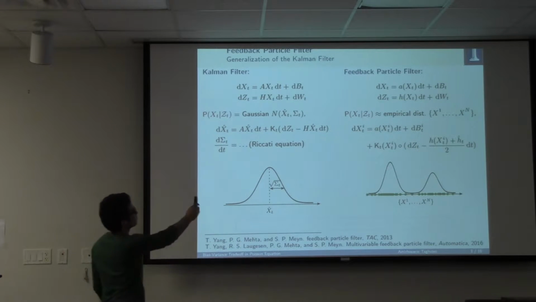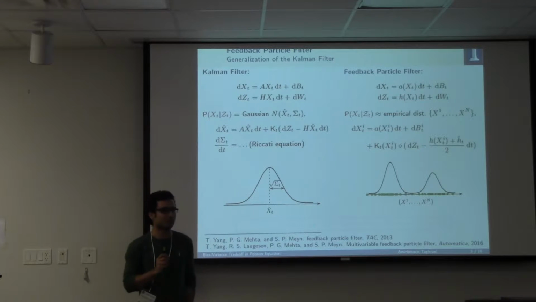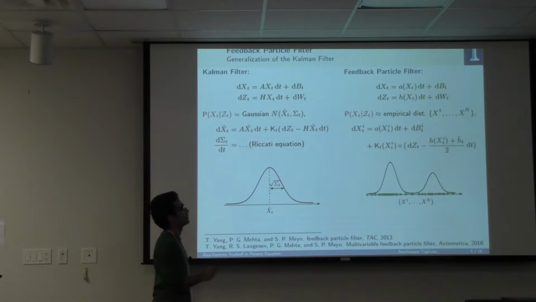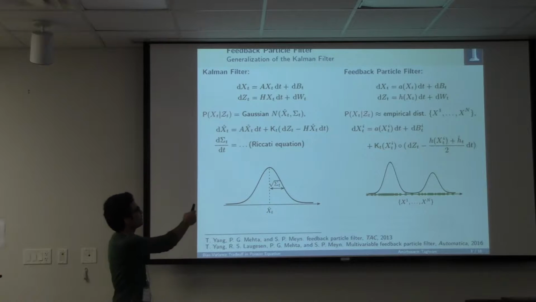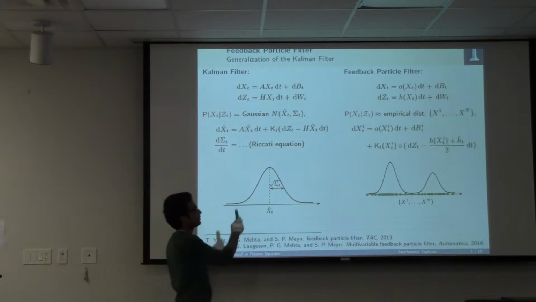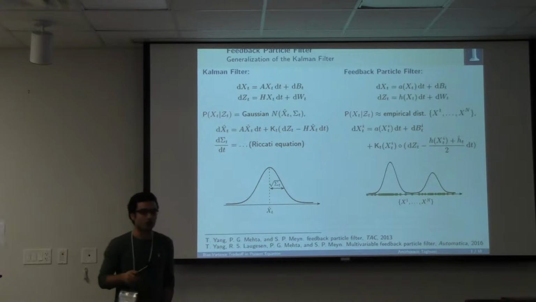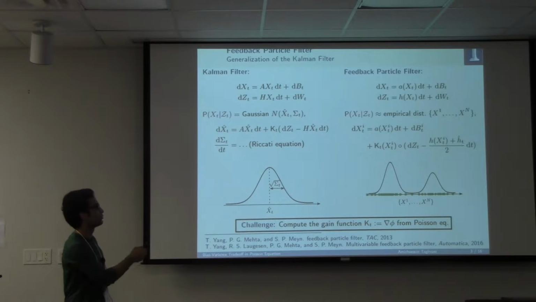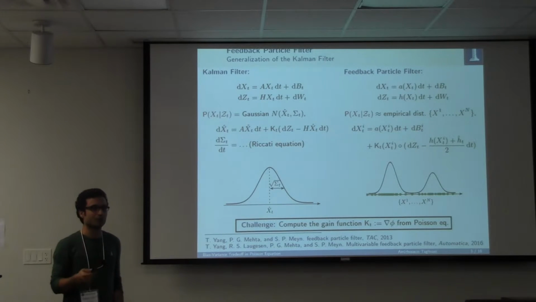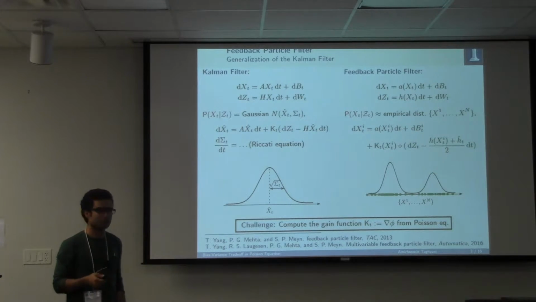Note that both equations have a feedback structure, a gain multiplied by innovation error. The gain here is the Kalman gain, but the gain there is hard to compute. It comes from the solution to the Poisson equation, and that's why we are interested in the Poisson equation.